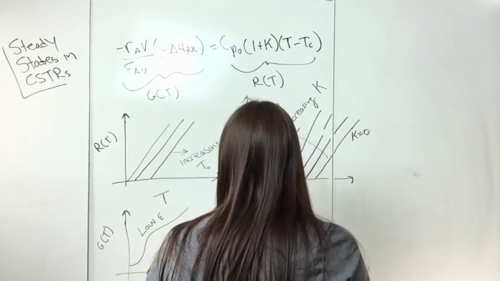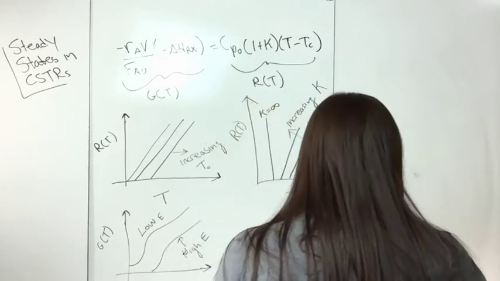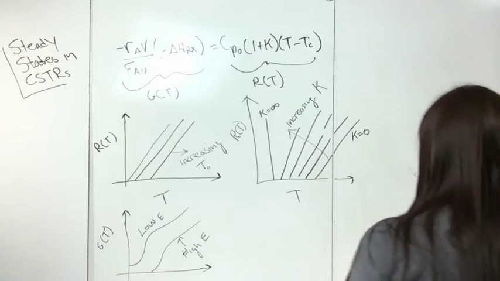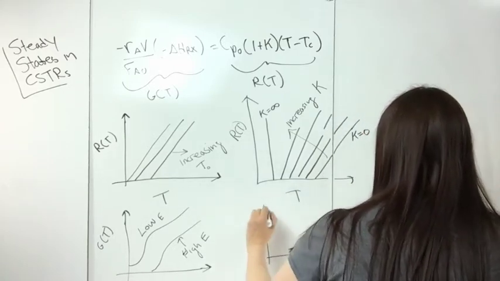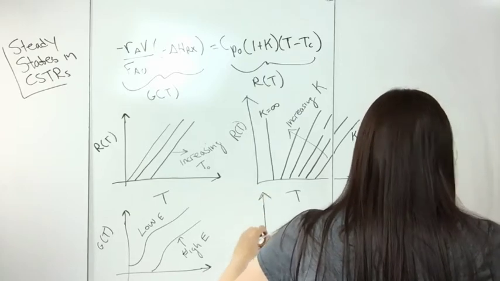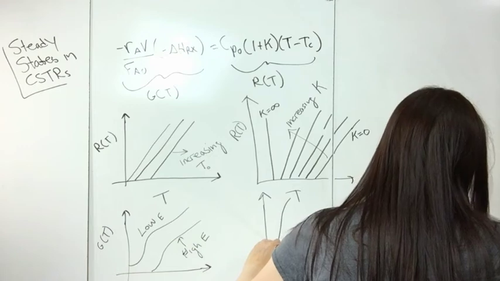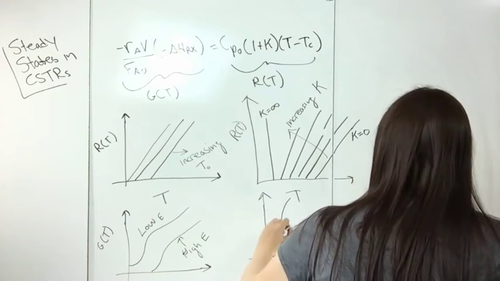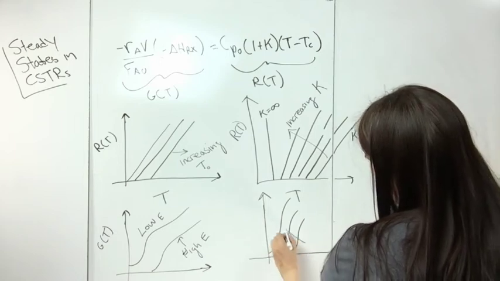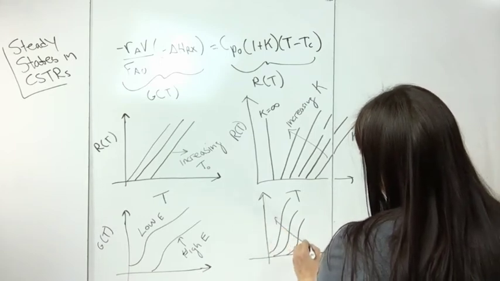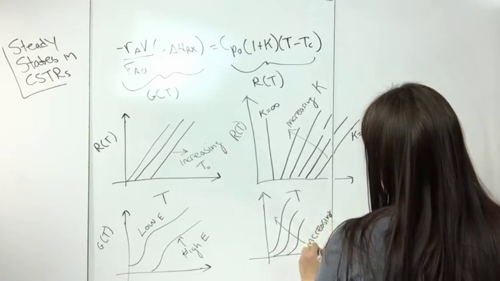This would be high E. And then you can also look at what will happen if you increase tau. So let's say, I'm just going to draw some curves. So this will increase. So this is increasing tau.